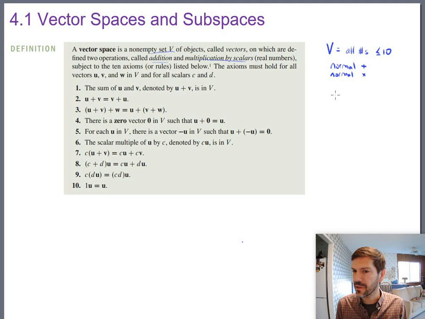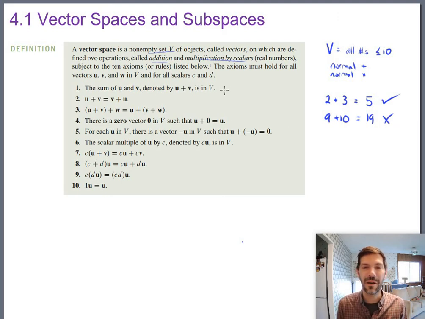So that works for some numbers in the set. One number from the set plus another number from the set makes a number from the set. That's great. However, so check mark there, but consider these two numbers from the set. Adding them together makes a number that is not in the set anymore.